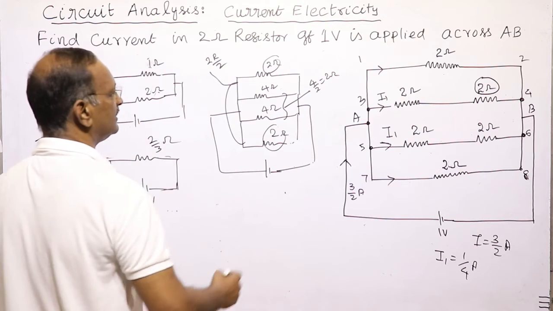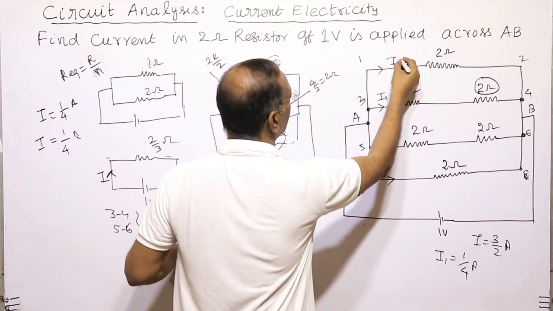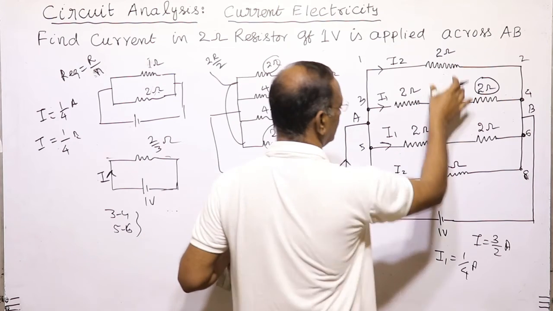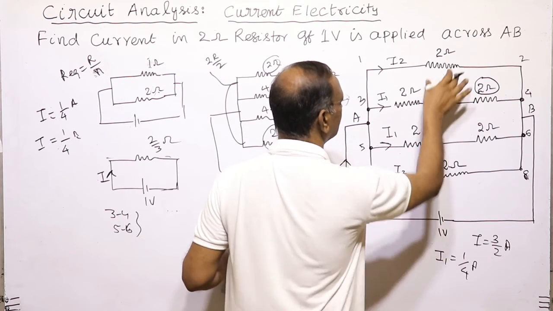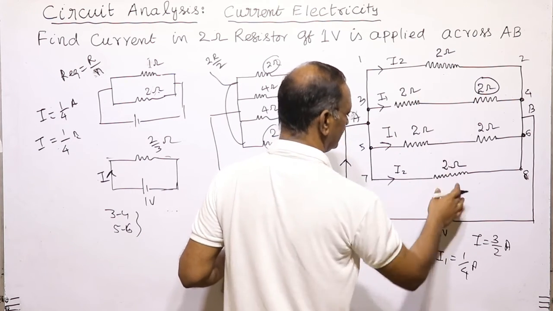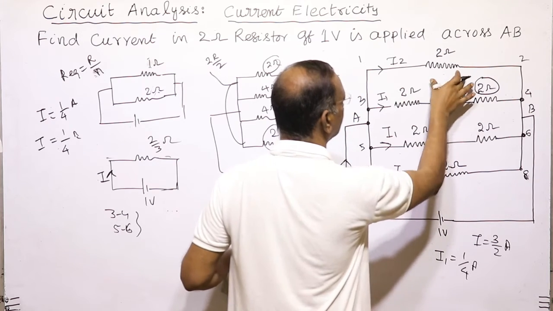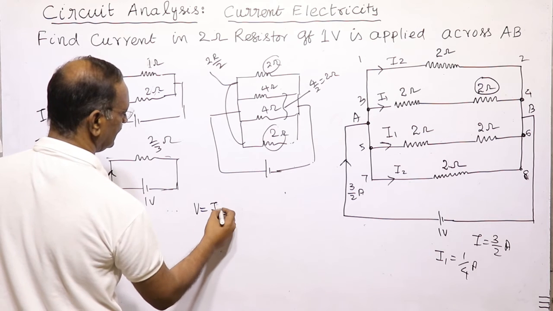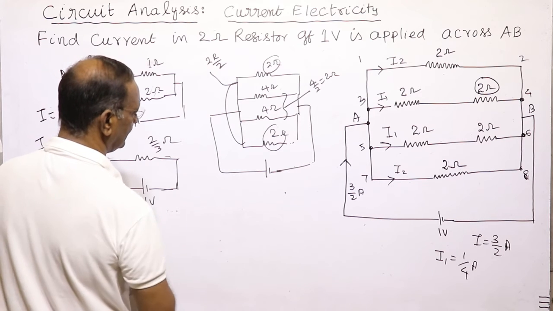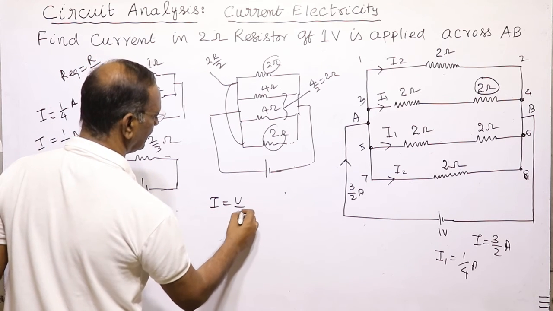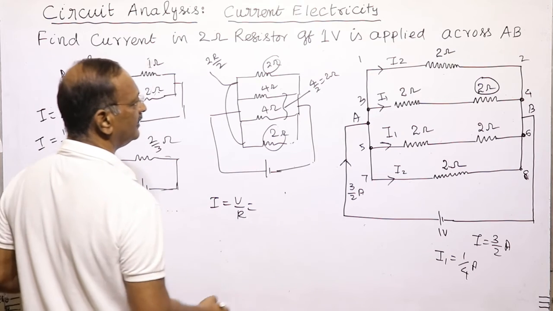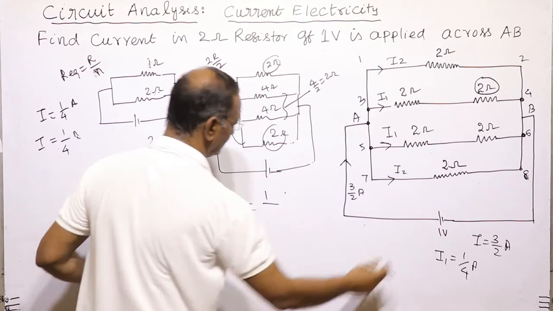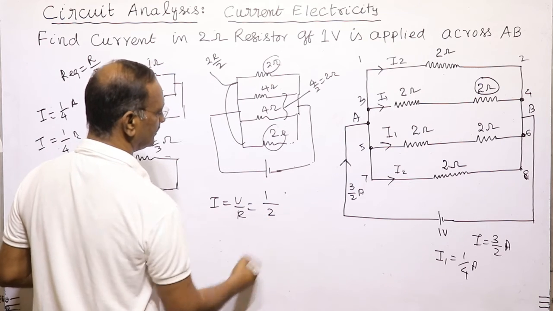Let us call it I2, because the same current will flow here also, since both have similar resistance and the voltage applied is 1 volt. So V is equal to IR, and current is equal to V by R. Since they are parallel, all the branches have 1 volt, and the resistance is 2.